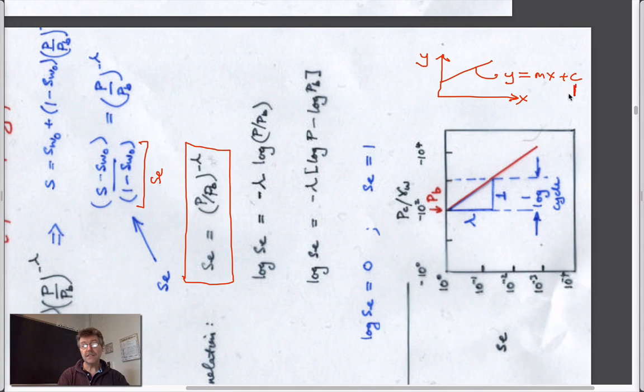In this case, this intercept is at this point here, which is the bubbling pressure. This is PB. And the slope of this curve, m, is just this term lambda. So that's just the rationale for it.